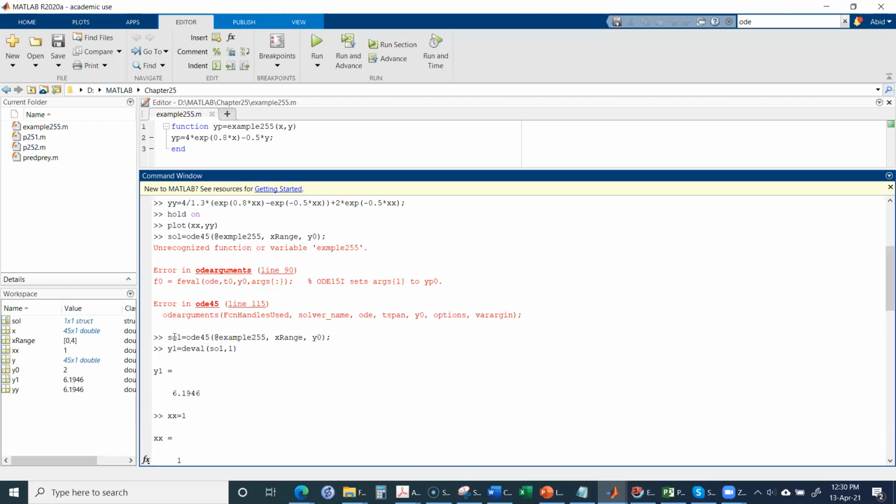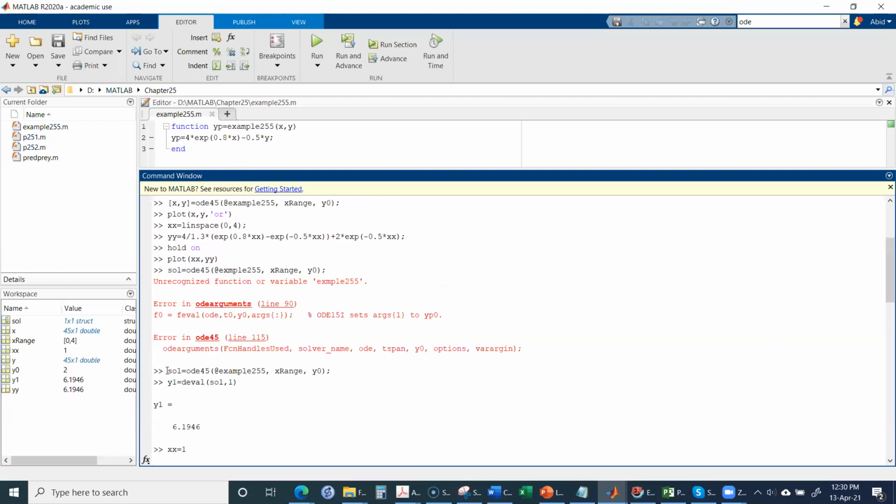In the second case, I just equate this ODE. Here it would provide two sets of outputs, but if I just put it as a single variable, SOL, A, B, C, whatever, it gives us a structure of the solution.